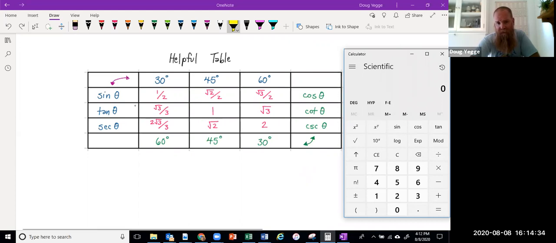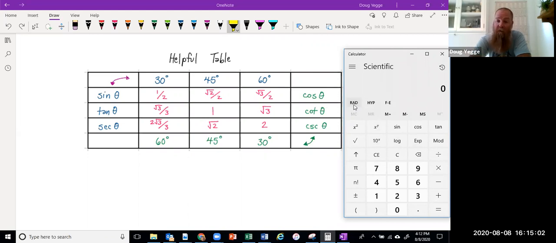Let's just take a look, for instance, at tangent of 30 degrees. The way we're going to do that is type in tangent of 30 degrees. The first thing to recognize on whatever calculator you have is that you are in degree mode. It'll say DEG typically, or D. Another mode would be radians, which we will be learning about at a later time.